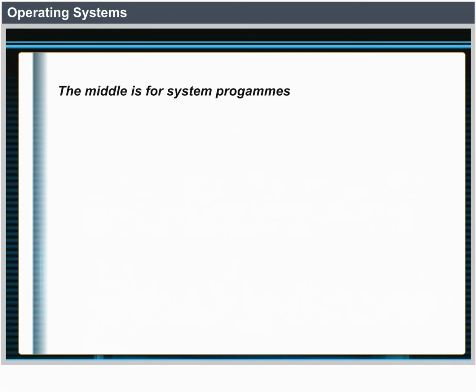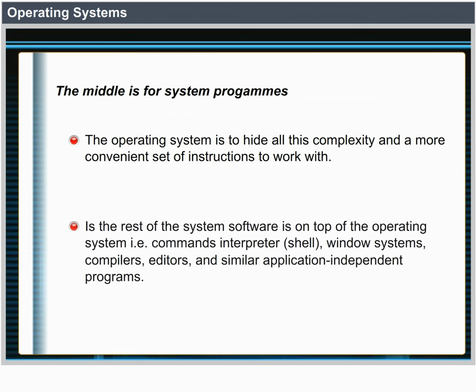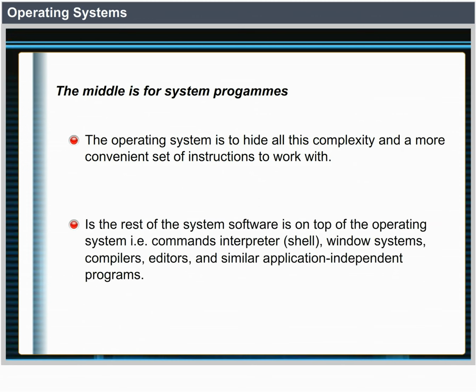Next is system programs. The operating system is to hide all this complexity and give the programmer a more convenient set of instructions to work with. On top of the operating system is the rest of the system software, that is, command interpreter, shell, window systems, compilers, editors, and similar application-independent programs.